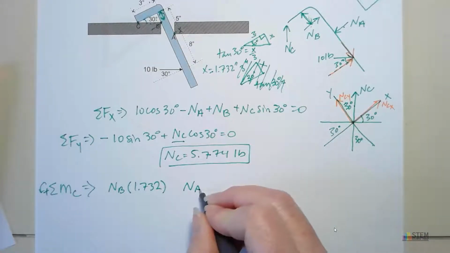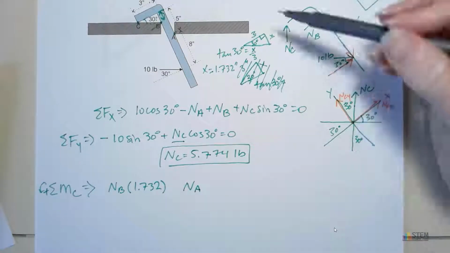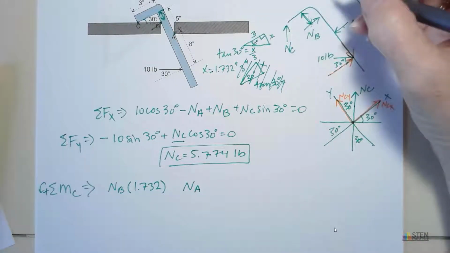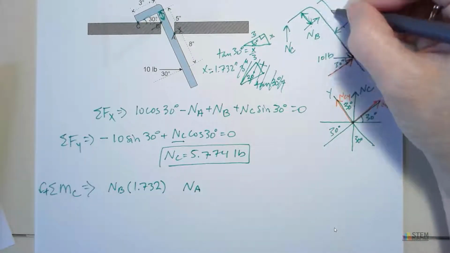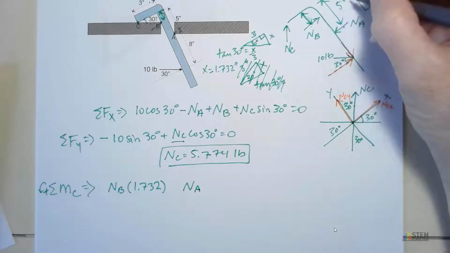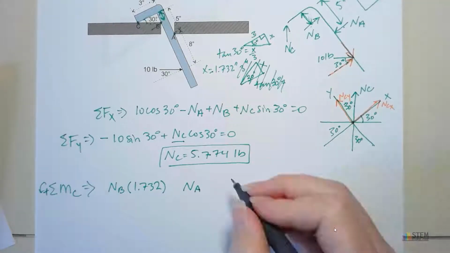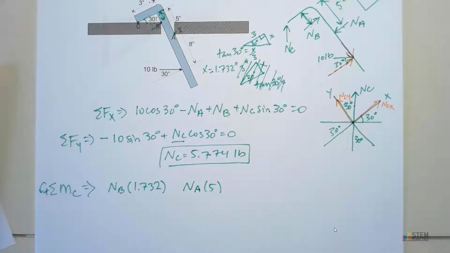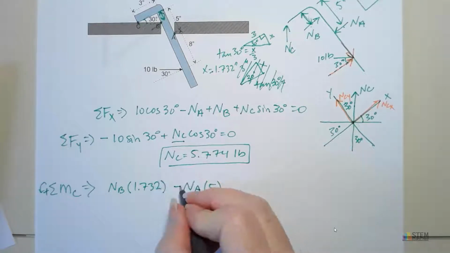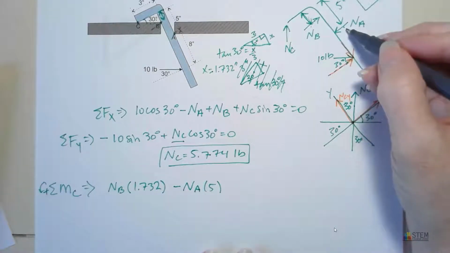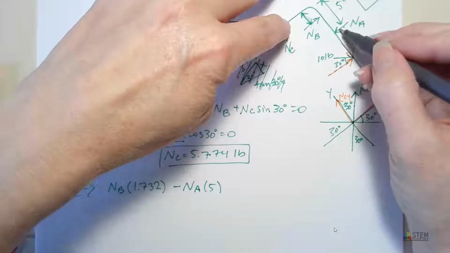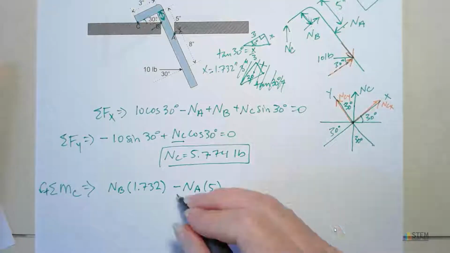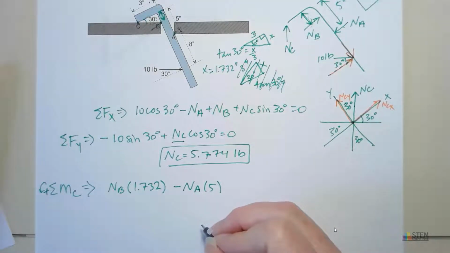Now let's go ahead and go to NA. So there's the force. We need the distance. This distance is given as 5 right here. That's our moment arm. So we put 5 there. Now, is this one positive or negative? This one's going to be negative, because if this was able to freely rotate and you just held this in place, this would go this way. So that's negative.